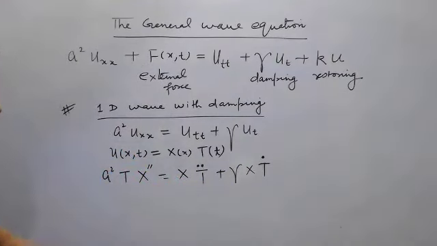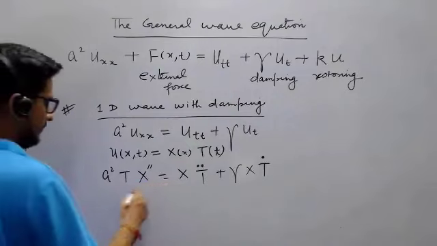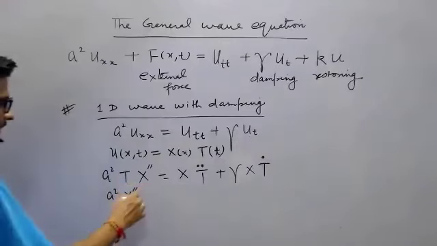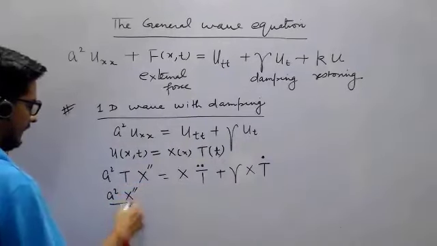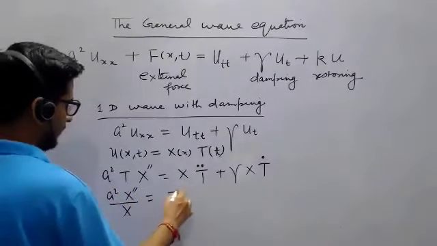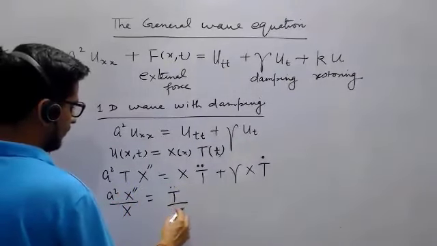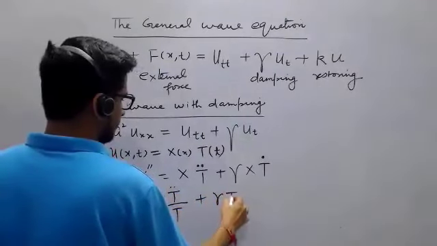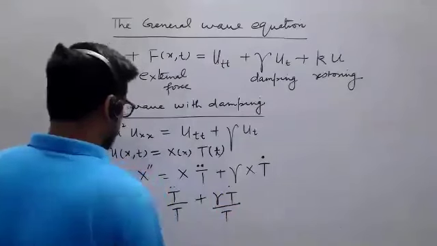Now immediately you can guess what is going to happen. Simply a square x double dash, so I am dividing it by x and t. It will become equal to t double dot by t plus gamma t dot by t.